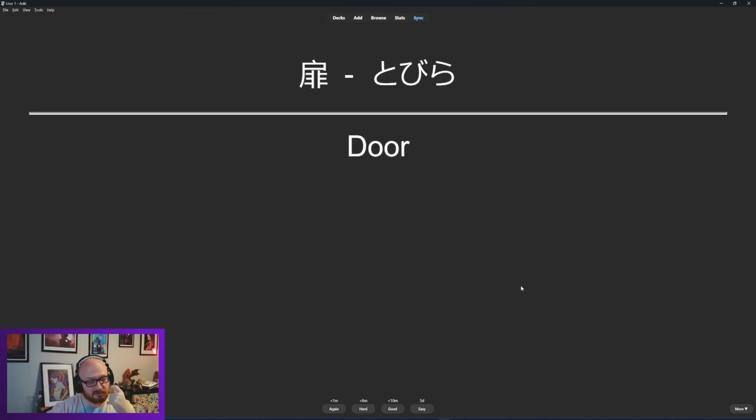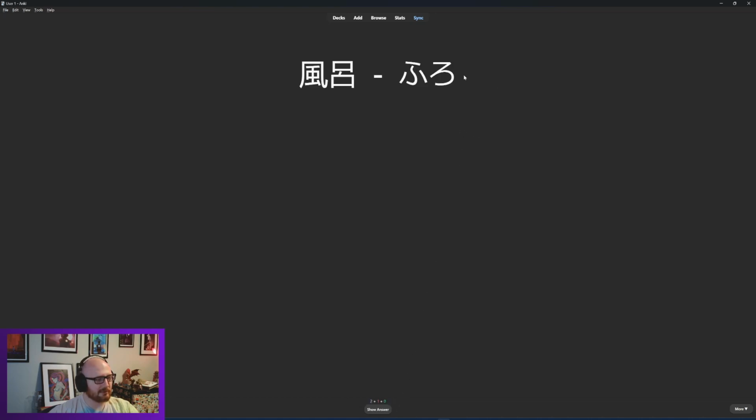Like I got wall, I got window, I got ceiling, I got floor. Oh, gotta get a door. And I was like, how did the Japanese say door? And it said doa. I was like, huh, that's weird. And it turns out, of course, there's a Japanese word for door as well. And I don't know if one's used on a particular type of door or not, but tobira, door. I'm going to say good on that one.